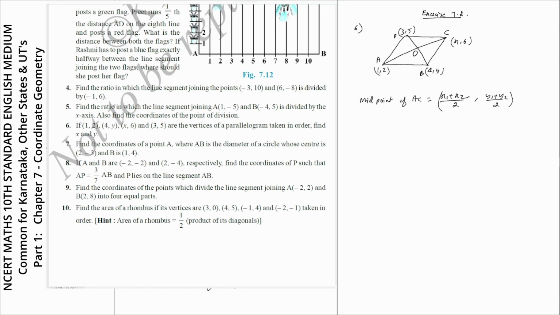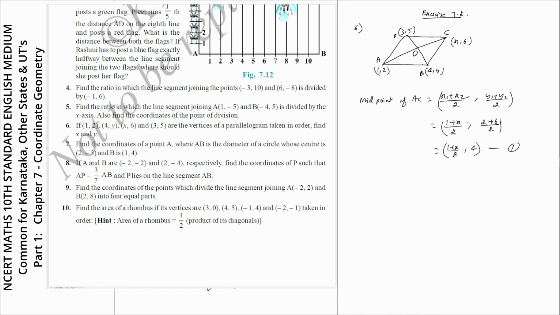Now substitute the values. Midpoint of AC is 1 plus x by 2, and 2 plus 6 by 2, that is 8 by 2, which is 4. Now I'll keep this as it is.